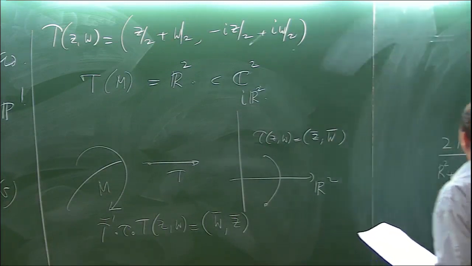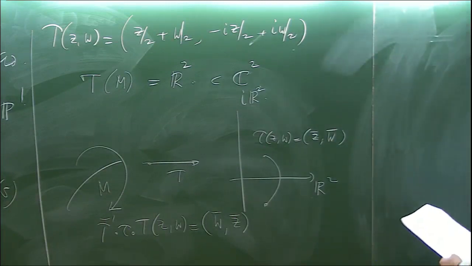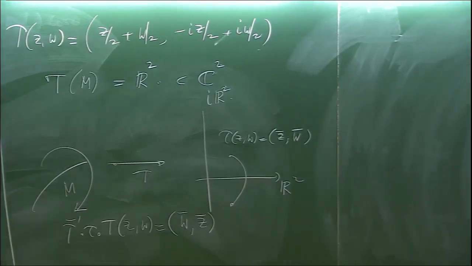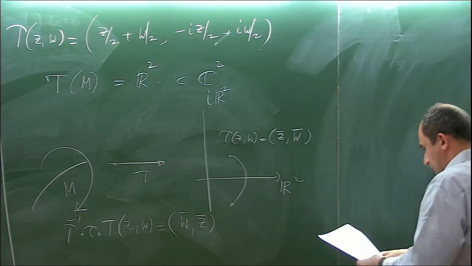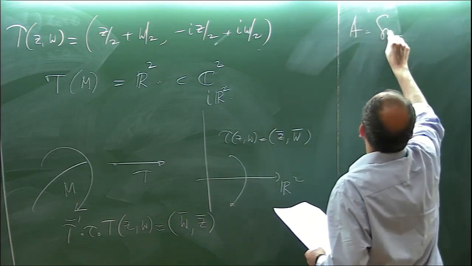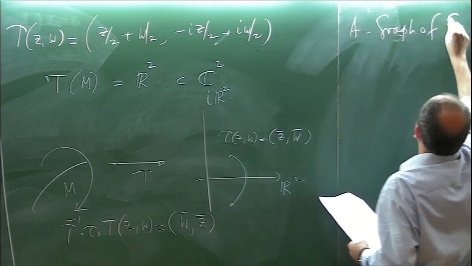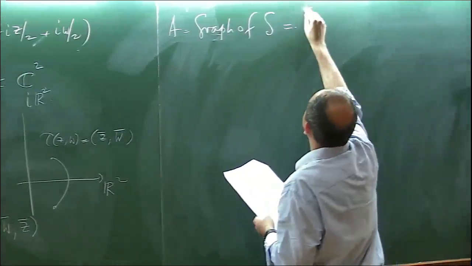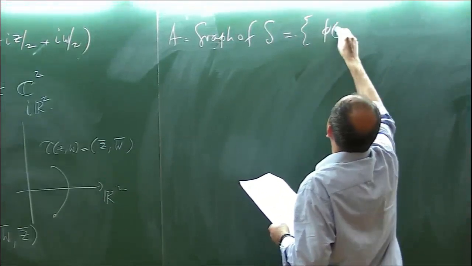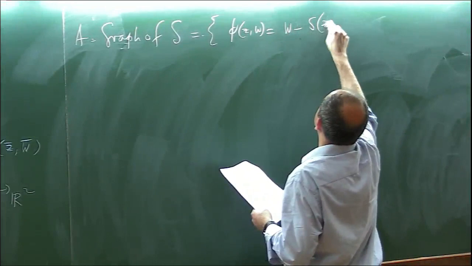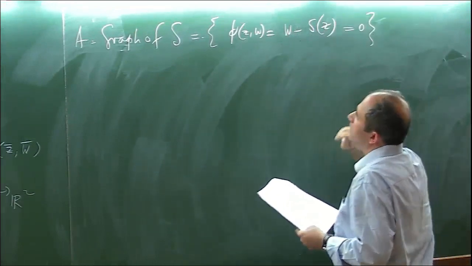Okay. So now let A be the graph of S, and this is described by the equation, say phi(z, w), which is w minus S of z, equal to 0.